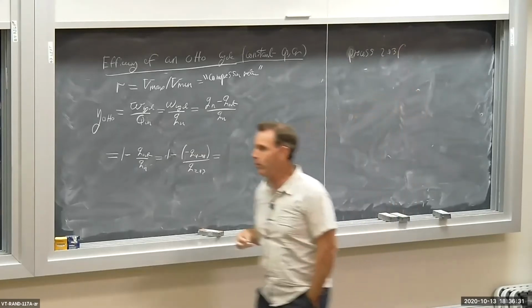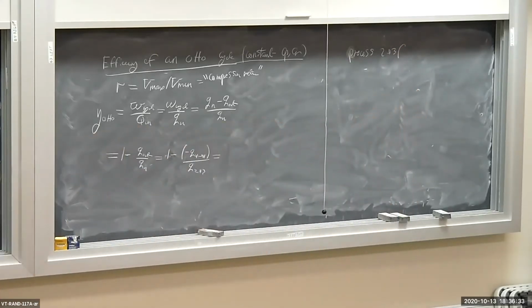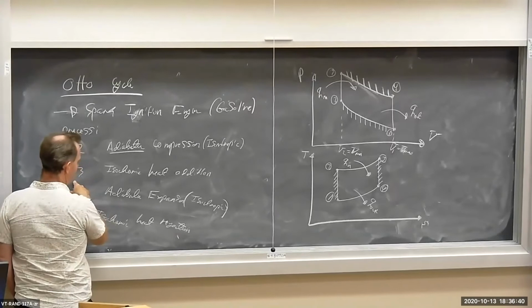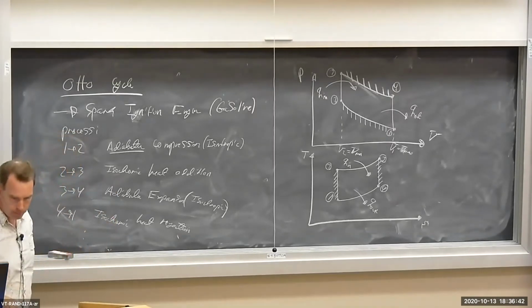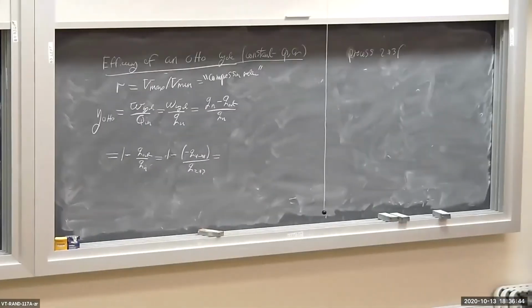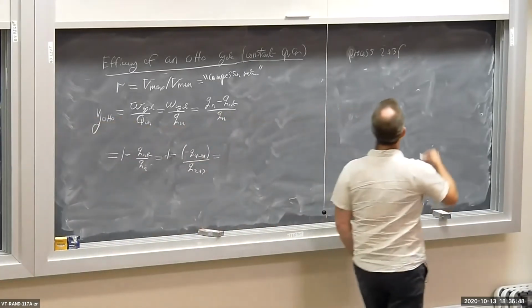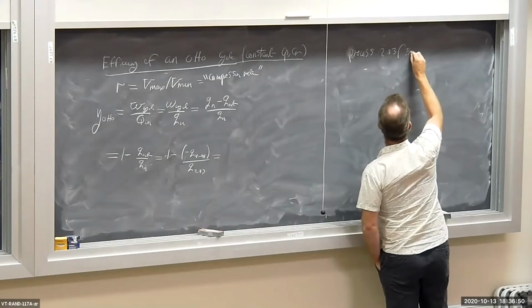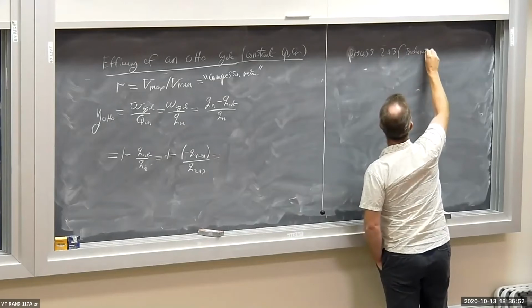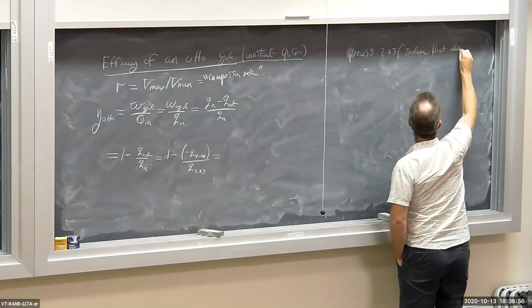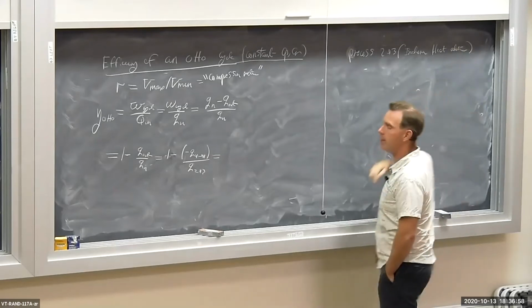If we go back and look here at our Otto cycle, process 2 to 3 is isochoric heat addition, so constant volume heat addition.